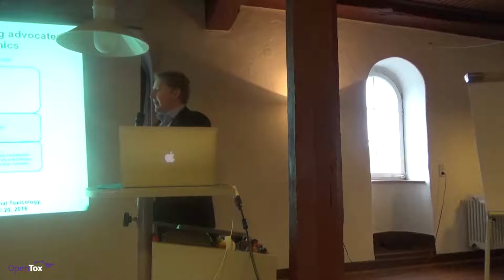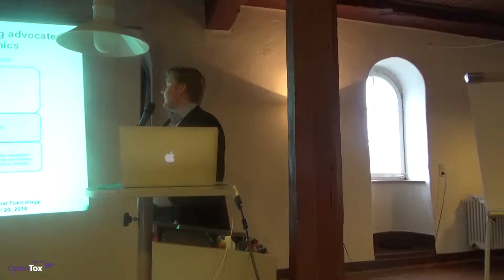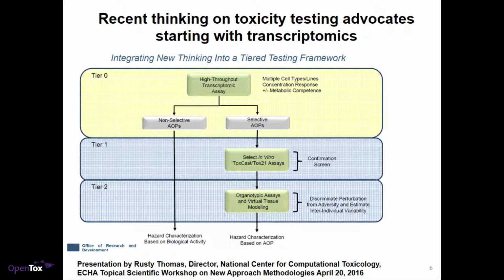This is a slide that we saw with Roland at the ECA meeting for new methods development, new methods for toxicological assessment. We were really excited by this because it includes gene expression data at the top, tier 1. It makes sense from a toxicological point of view because the idea is presumably that you first do a very broad mechanistic assay where you can assess the presence or absence of many biological mechanisms at the same time.